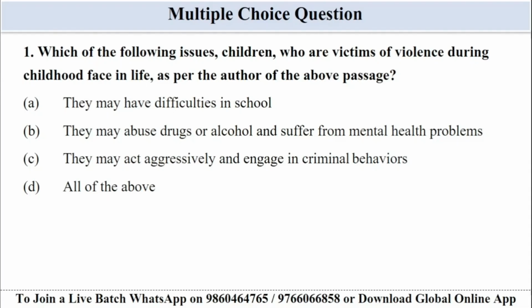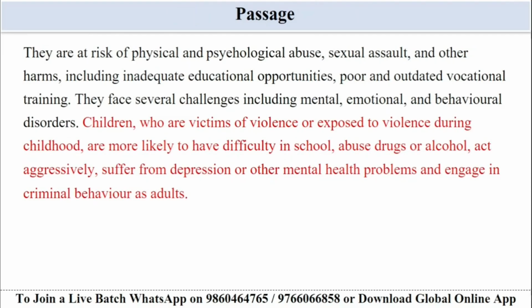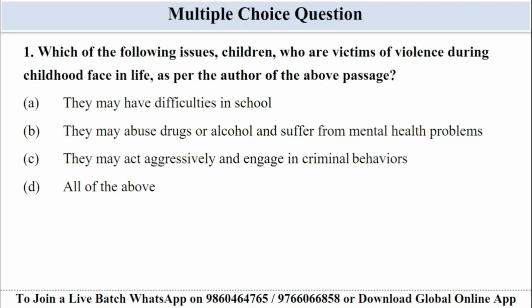The relevant part says, children who are victims of violence or exposed to violence during childhood are more likely to have difficulty in school, abuse drug or alcohol, act aggressively, suffer from depression or other mental health problems, and engage in criminal behavior as an adult. So this is the relevant part. The options A, B, and C are explicitly mentioned since the question asks which of the following issues they face, and all are correct. So the best answer is D, all of the above.